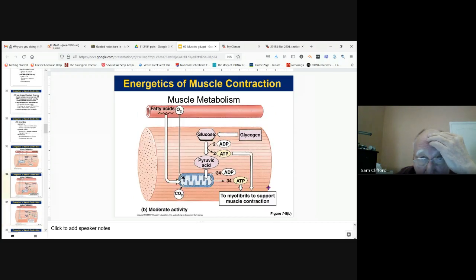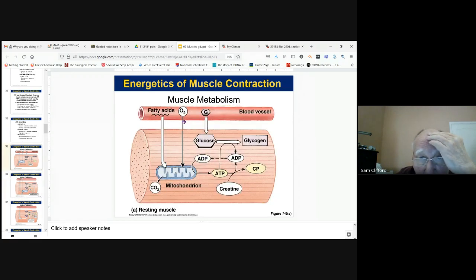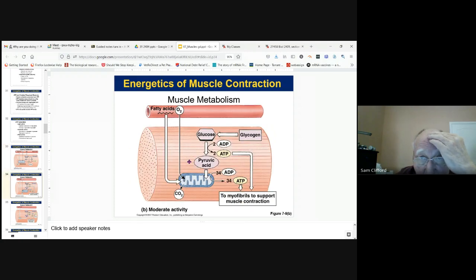Okay, so notice oxygen is available. Oxygen is available in resting muscle. In moderate activity, glucose will produce pyruvic acid, and that pyruvic acid will enter the mitochondria, and it needs oxygen to do oxidative phosphorylation.